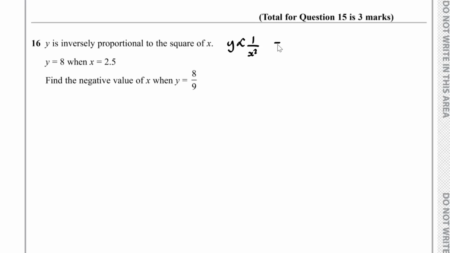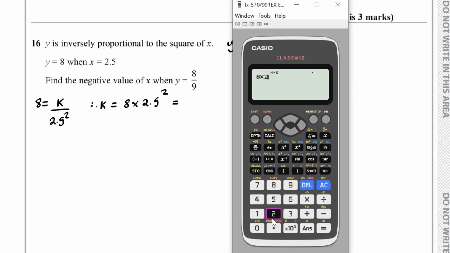So if y is inversely proportional to the square of x, we've got y equaling k over x squared. So if we substitute in these known values, we have 8 equals k over 2.5 squared. So from this we can find out what k is. That's going to be 8 times by 2.5 squared, which is 50.